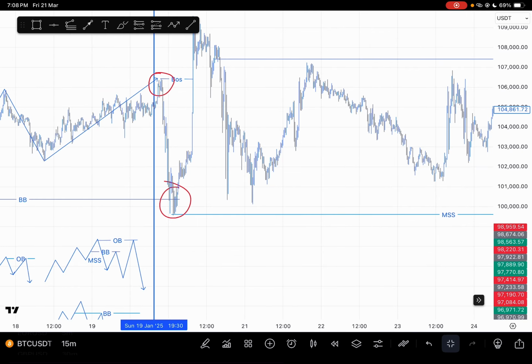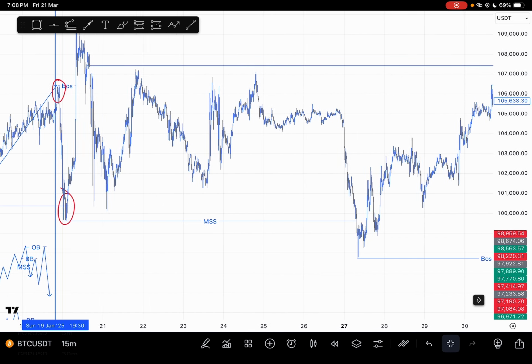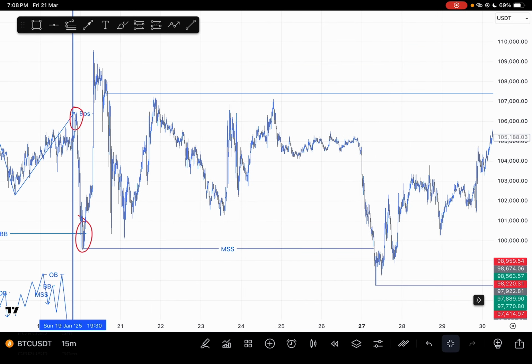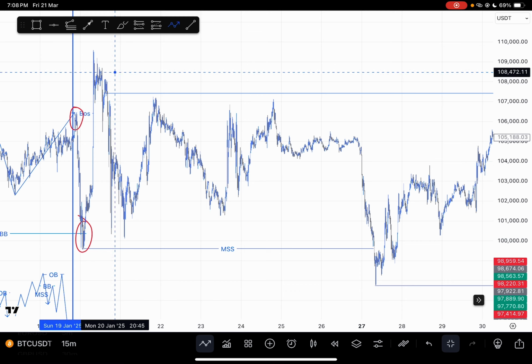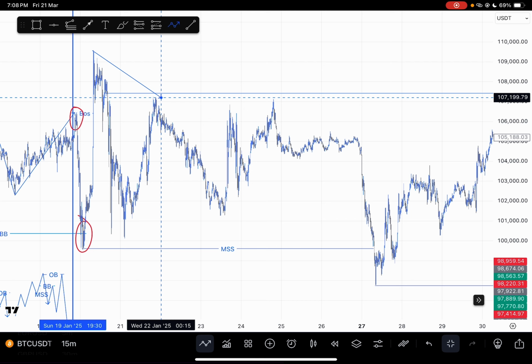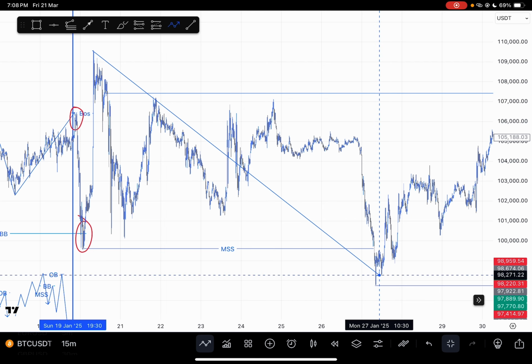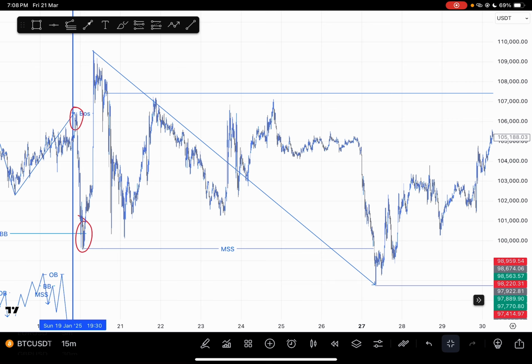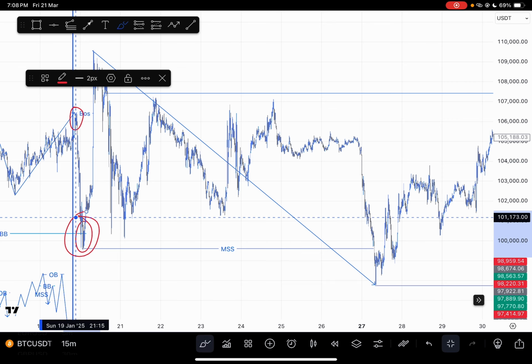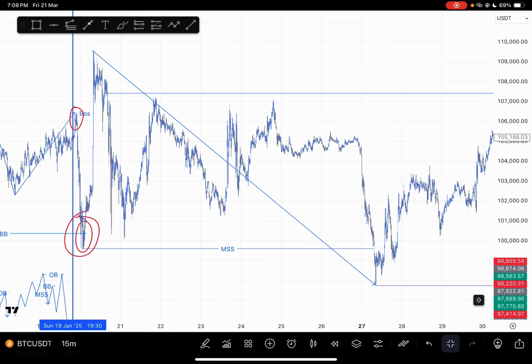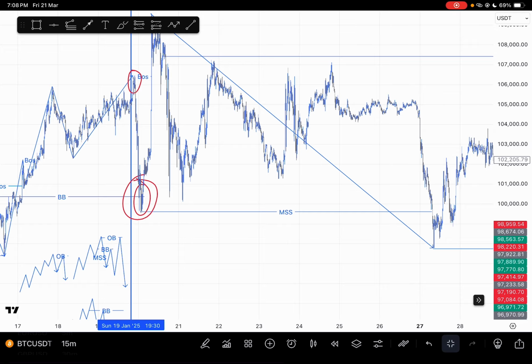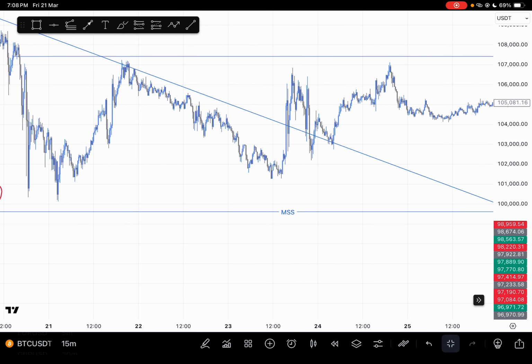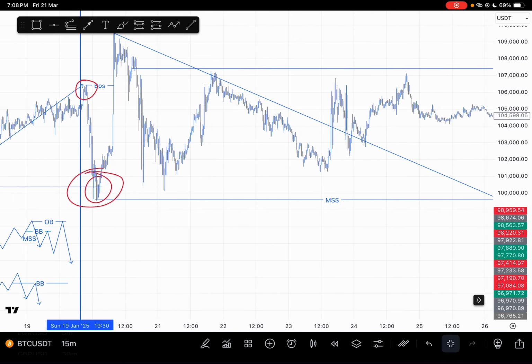If you trace it back, you see price came from here, moved to the downside, then broke below this previous low, so it has automatically told you the uptrend is not valid anymore.